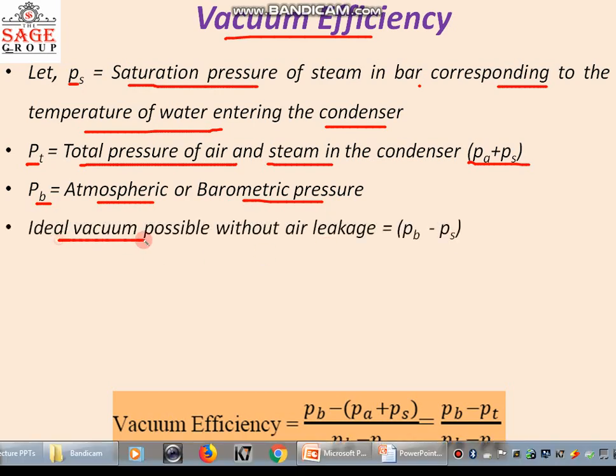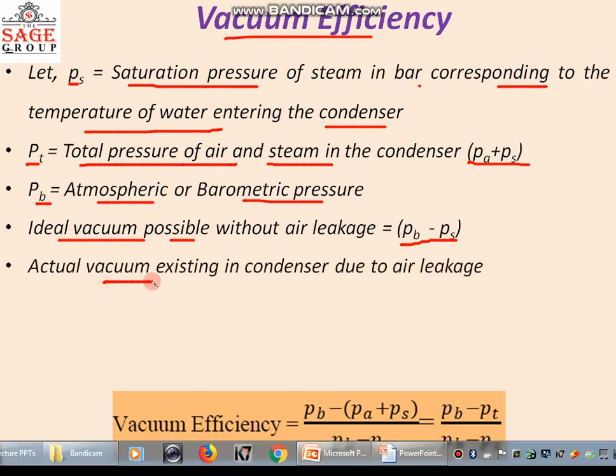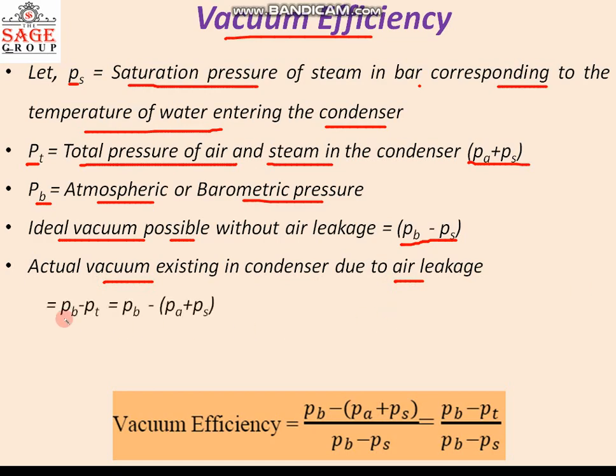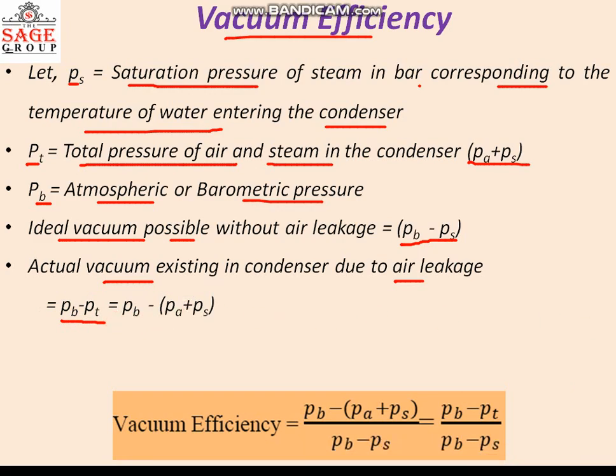Ideal vacuum possible without air leakage is equal to Pb minus Ps. Actual vacuum existing in the condenser due to air leakage is Pb minus Pt, so Pb minus (Pa plus Ps).